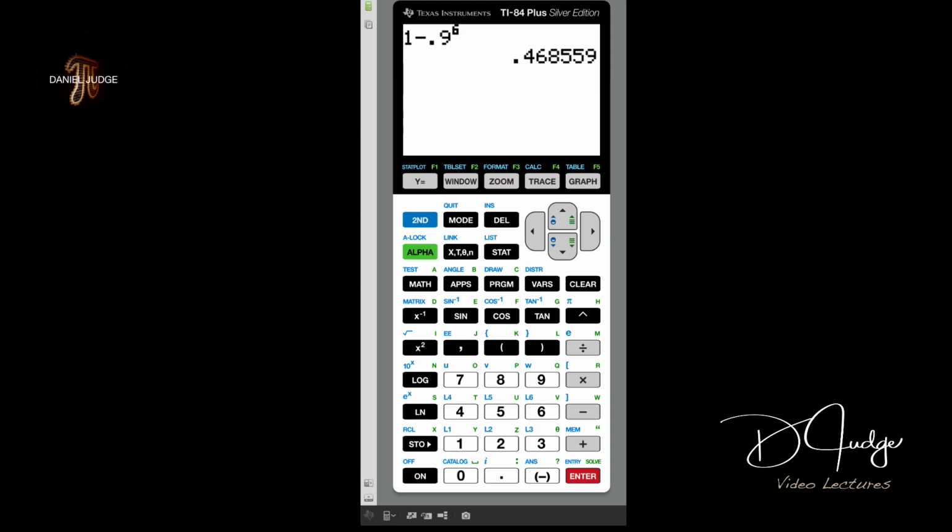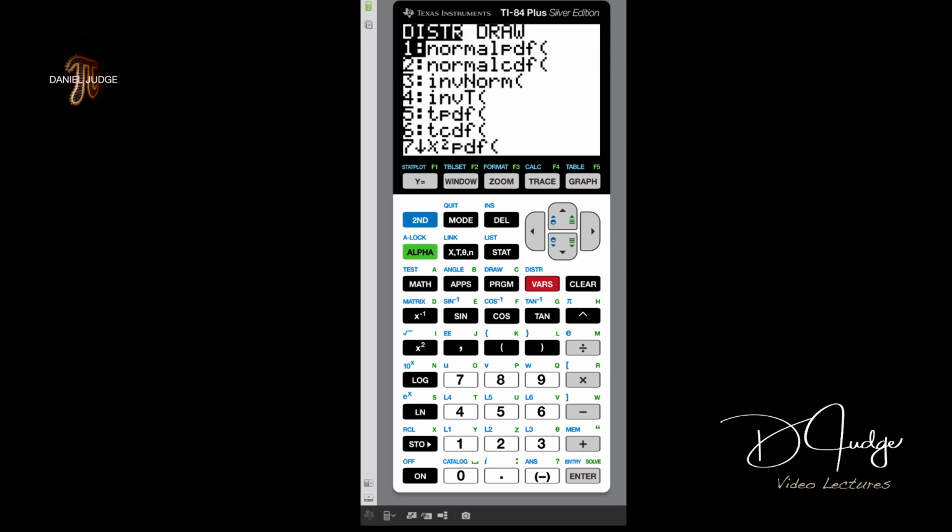And if you did, here's what you guys can do, right? I'm going to say 1 minus. I'm going to do it the exact same way we're doing the above question. Second distribution. It's really vars, but it's up here in blue, distribution. You have to remember, what distribution are you working with? You're working with the binomial. You're looking for binomial probability distribution formula.